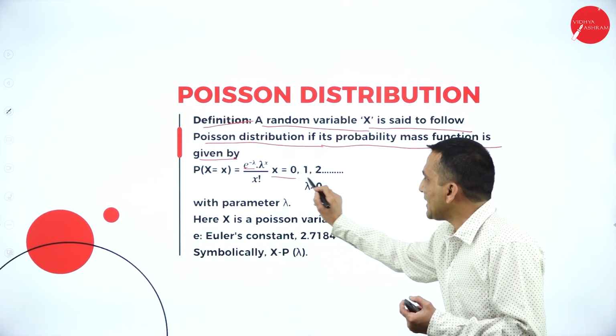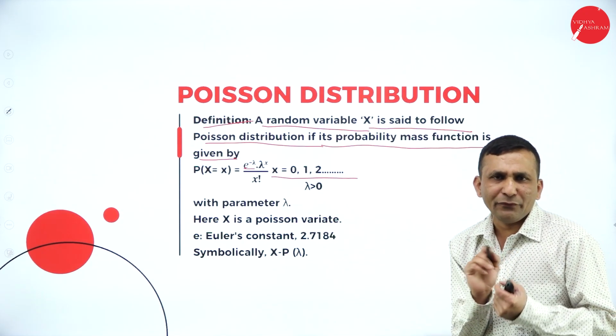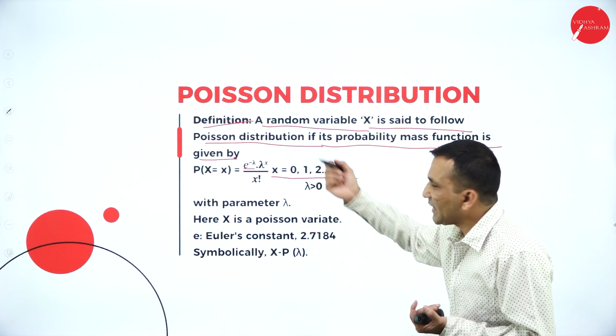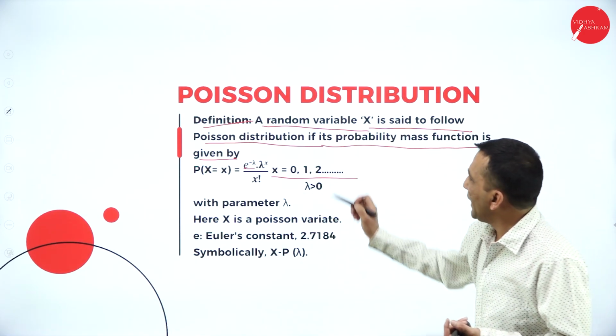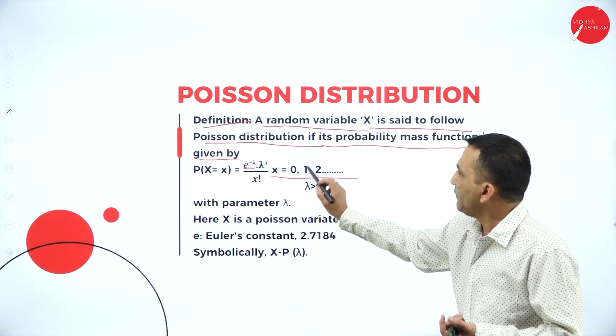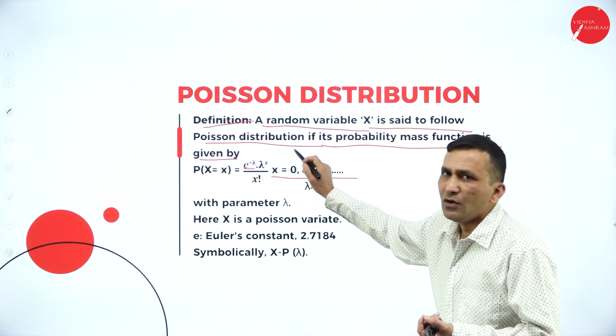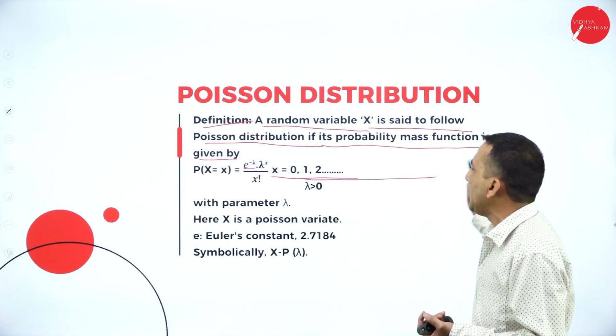Here the x series is very important. In any problem you try to solve, the x series starts from 0. For example, in the case of defects, if there is no defect, 0; if there is no printing mistake, 0; if there is no accident, 0; and it goes on like this for n numbers.